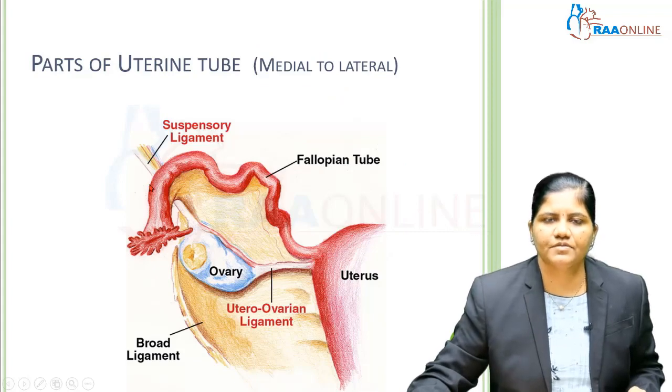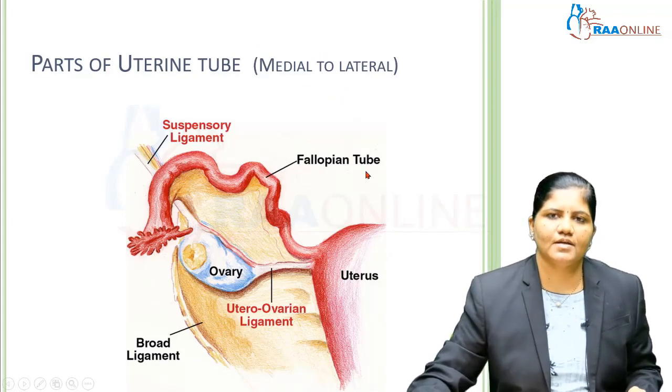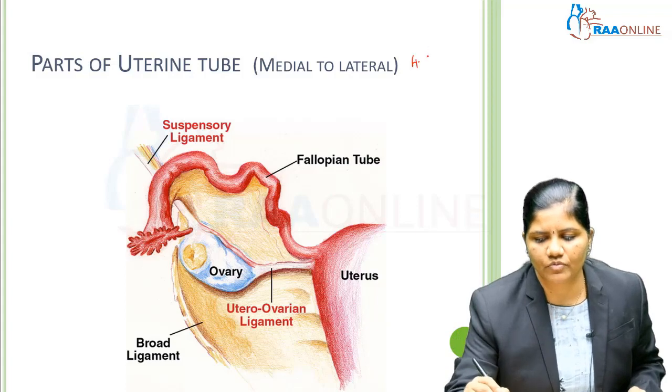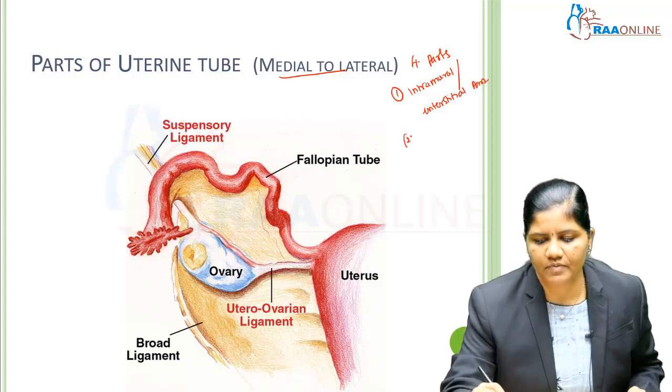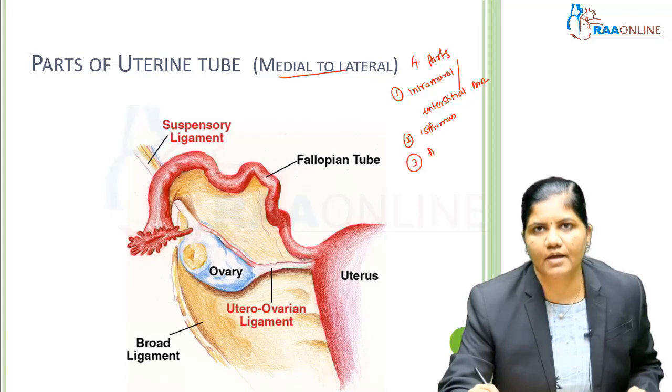Let's see the parts of the uterine tube from medial to lateral aspect. The fallopian tube has 4 parts. From medial to lateral, first is the intramural part, otherwise known as the interstitial part. The second part is the isthmus. The third is the ampulla.